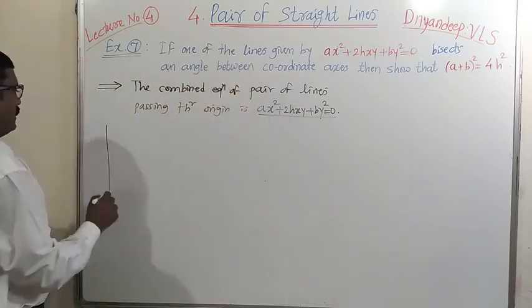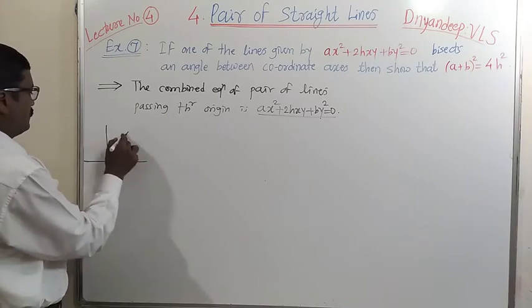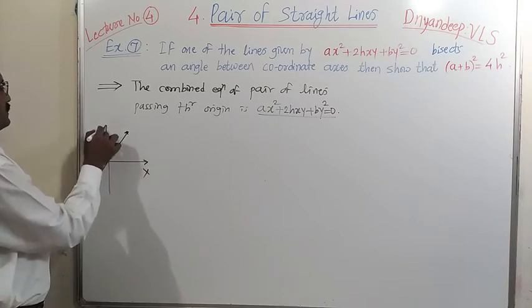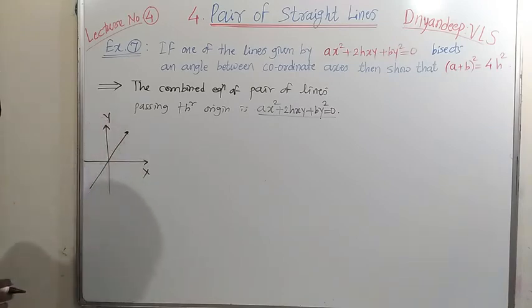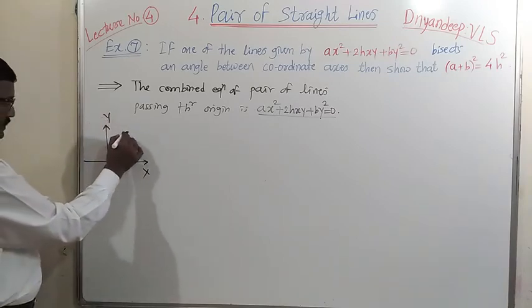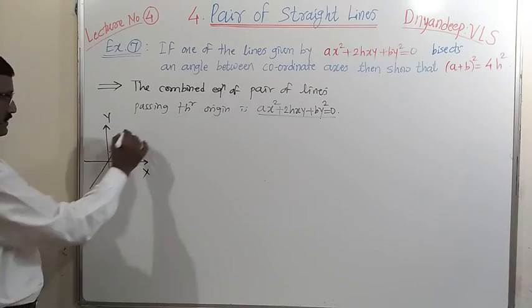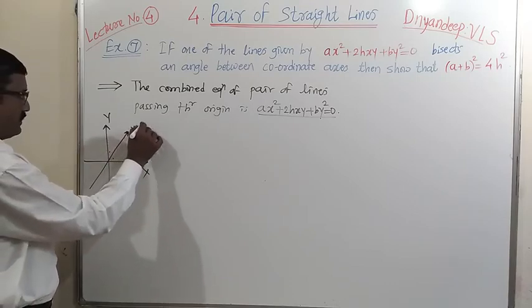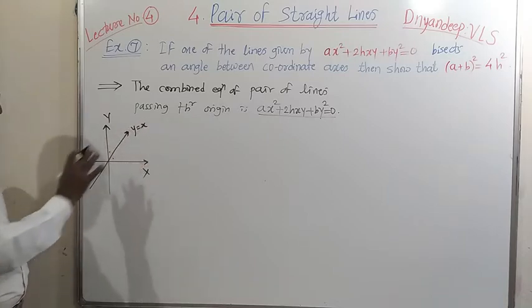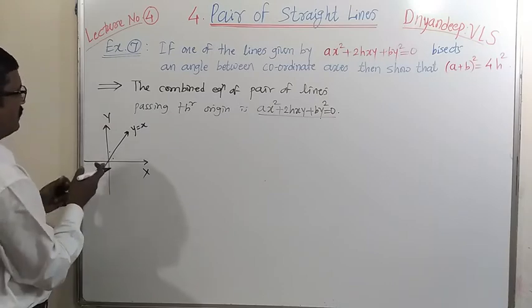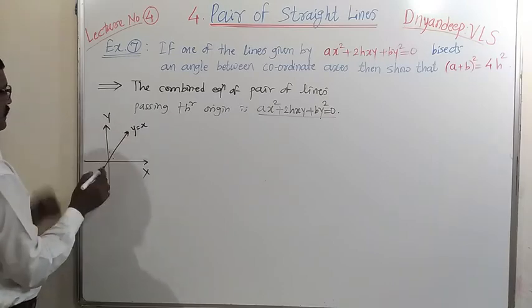You know the line which bisects the coordinate axes. This is the line which bisects the coordinate axes. You can draw a small rough figure here. So this line is the bisector of these coordinate axes, and its equation is obviously y equal to x. You must know the equation of the line which bisects the coordinate axes, that is y equal to x, because every point has the same coordinates.